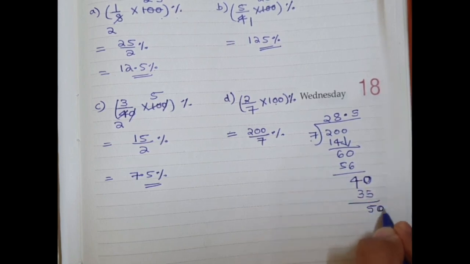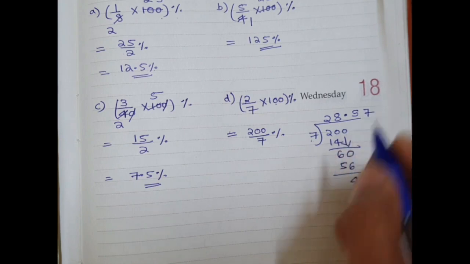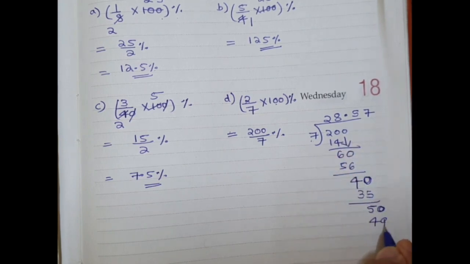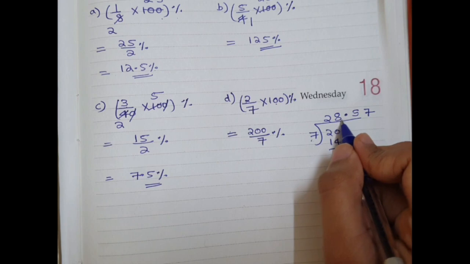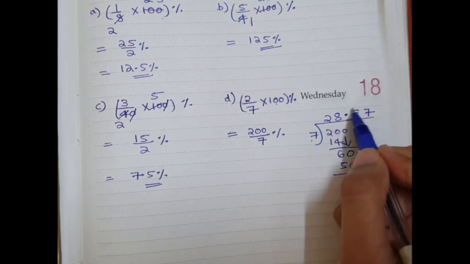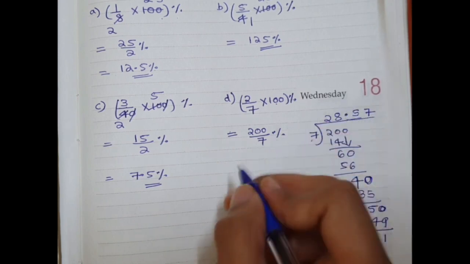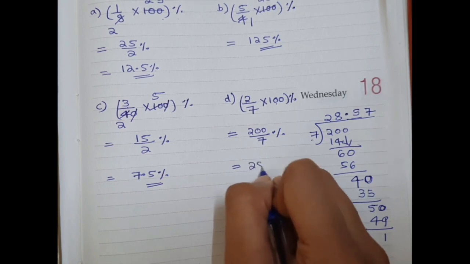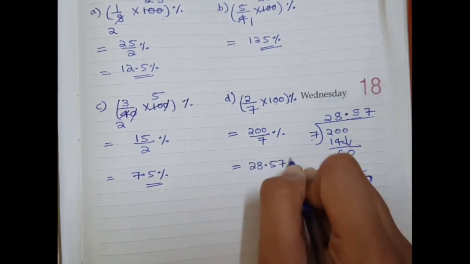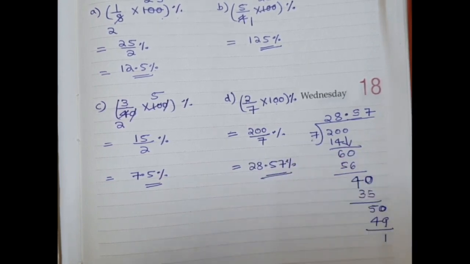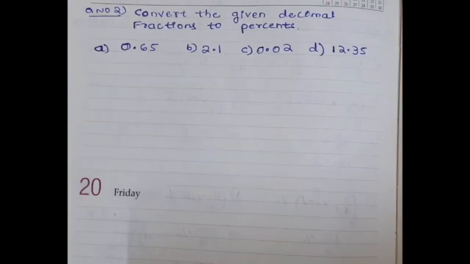So let me put a 0 here. 7 7s are 49. 50 minus 49 is 1. The remainder is 1. This calculation is going to be continued, so let me stop the calculation here itself. So the answer is around 28.57 percentage. This is the final answer.